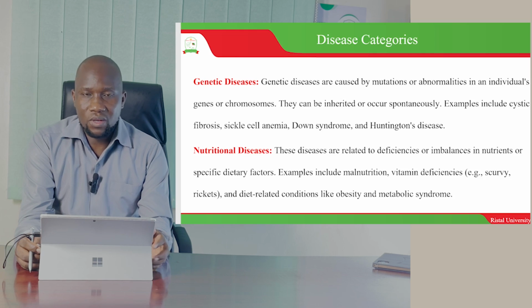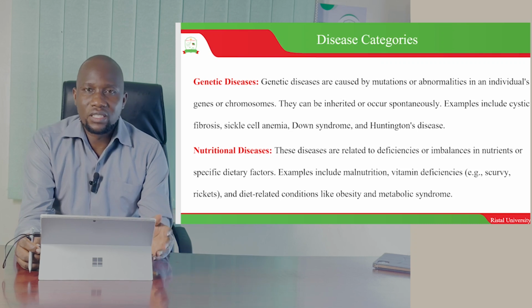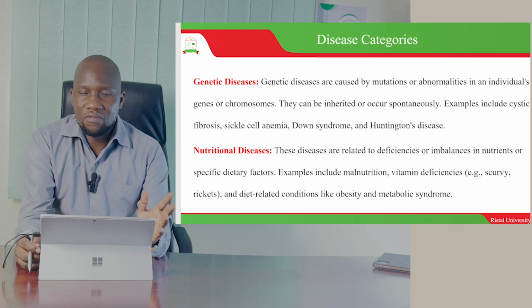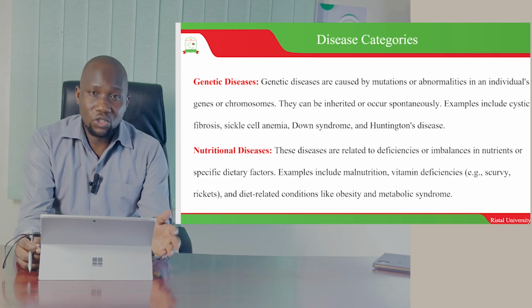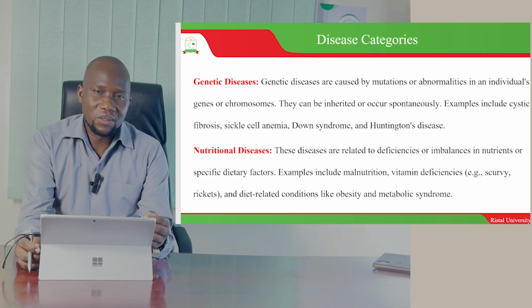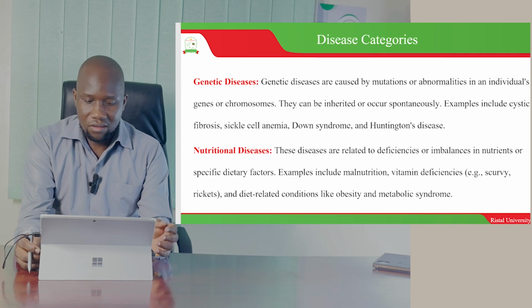This is where you have deficiencies in energy, calories, and proteins, and we have severe acute malnutrition. Acute malnutrition basically results in stunting, wasting, and other issues. So those are nutritional conditions.